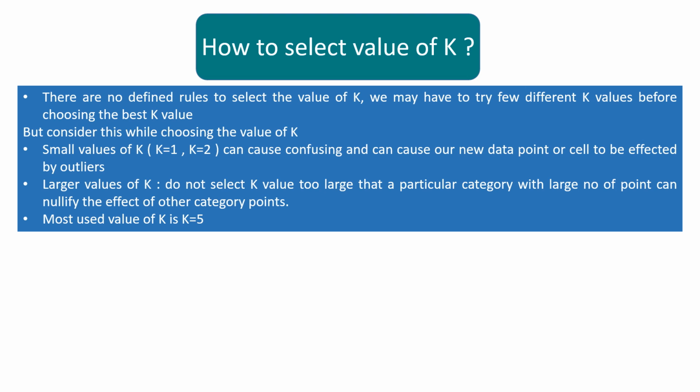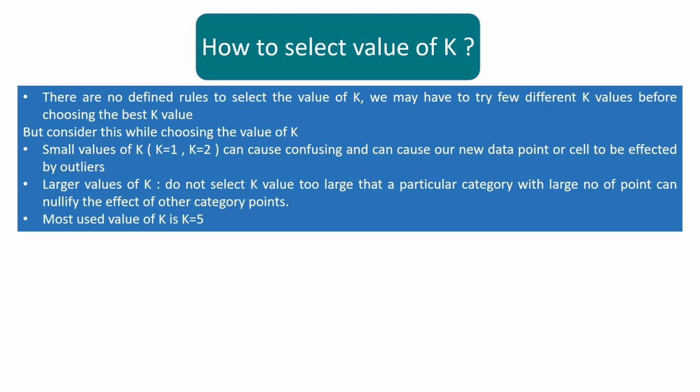Larger values of k: do not select a k value so large that a particular category with a large number of points can nullify the effect of other categories' points. So it shouldn't be too large, it shouldn't be too small. The most used value of k so far seen is k equal to 5.